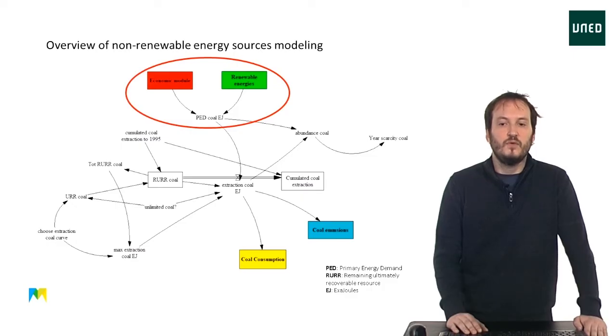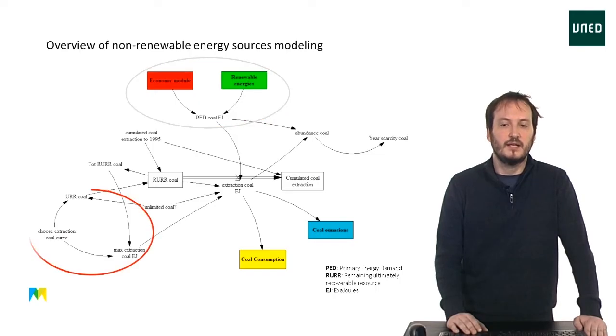This slide shows in a simple way how coal extraction is modeled in MEDEAS. On the one hand, the demand for solids is obtained through the economic module. The part of this demand covered by renewable energy is subtracted and the required demand for coal is estimated. On the other hand, the user chooses the maximum extraction curve from which the URR and the maximum annual extraction are established.